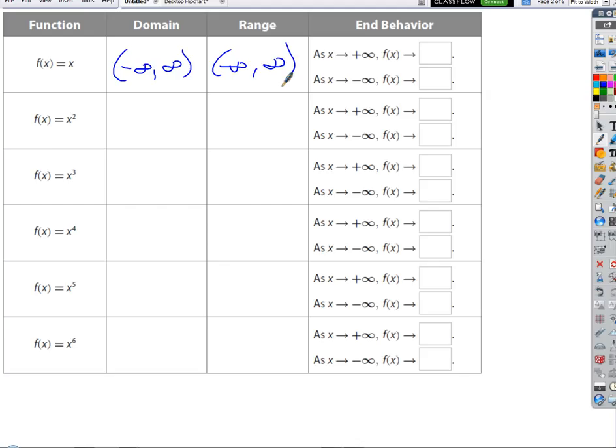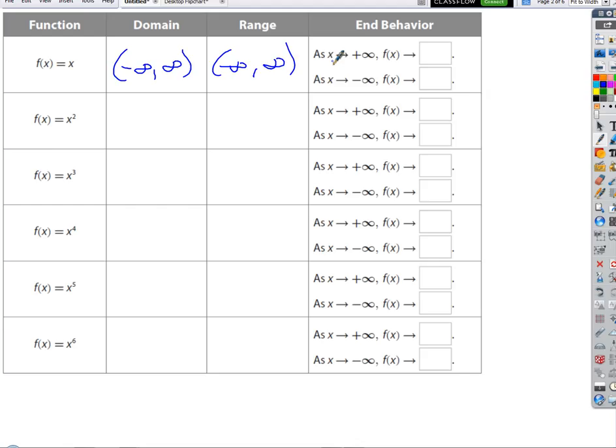Okay, now what about this stuff here? Let's look at this end behavior. It's been a while since we talked about this, but what's this mean? As x approaches positive infinity, I'm going to really need the positive there, as x approaches positive infinity, f of x, which is a fancy name for y, approaches what? In which direction is the ant walking if he's approaching positive infinity? To the right, isn't it?